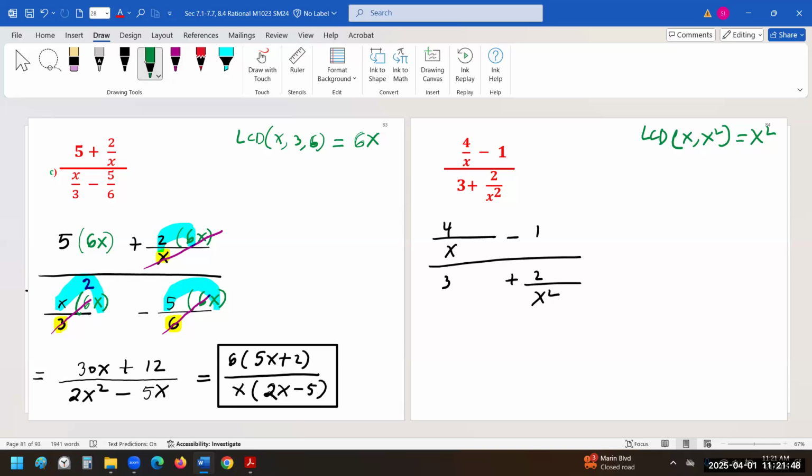What do we do with this LCD? Multiply all the numerators. Okay, Helene, what happens then?